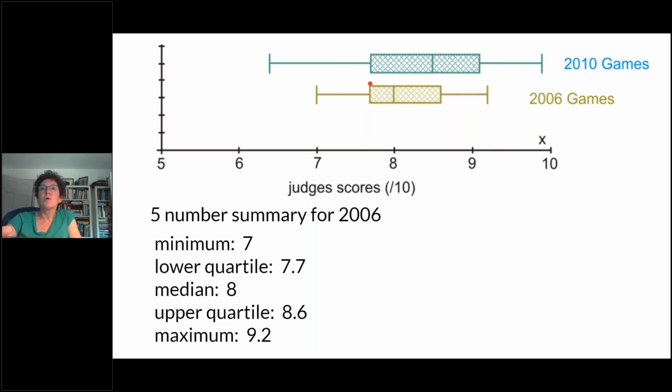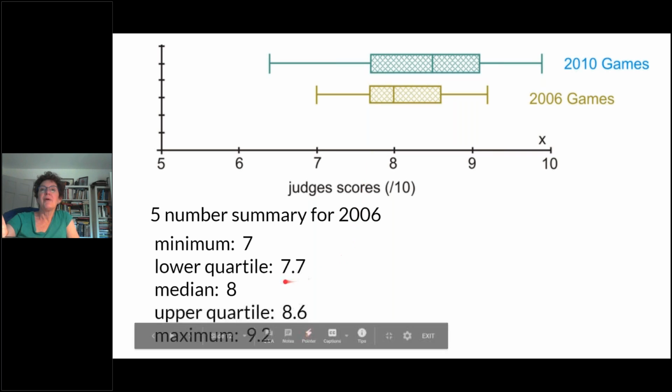The lower quartile, we have to do a little bit of estimation here to try and figure out exactly where it is. I would say this is halfway, so I was calling this 7.7. You could convince me maybe it was 7.6. Anyway, it's 7.7. And then the median right on the 8.